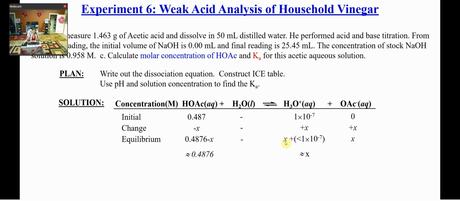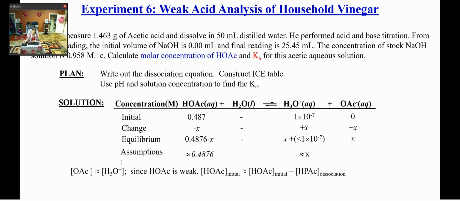Your hydronium will be X plus 10 to the negative 7, which is approximately X. The second approximation: if your Ka is smaller than 10 to the negative 2, usually this X is negligible. Otherwise, X cannot be negligible, and in that case you are going to use the quadratic equation to do this calculation.